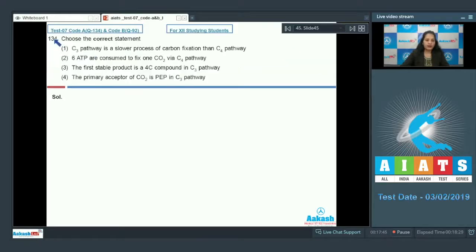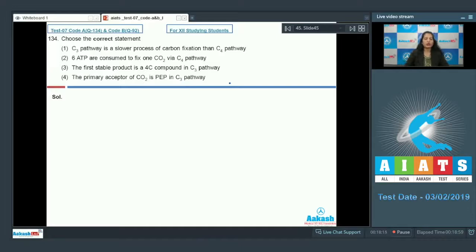Question number 134. Choose the correct statement. First option, C3 pathway is a slower process of carbon fixation than C4 pathway. Second, 6 ATP are consumed to fix 1 CO2 via C4 pathway. Third, the first stable product is a 4C compound in C3 pathway. Fourth, the primary acceptor of CO2 is PEP in C3 pathway.